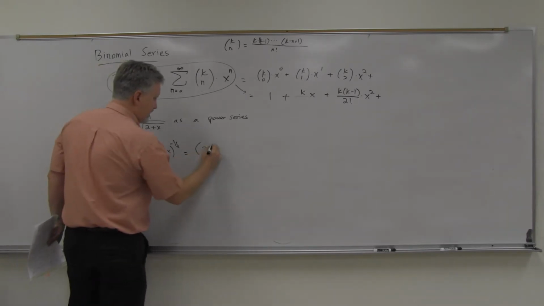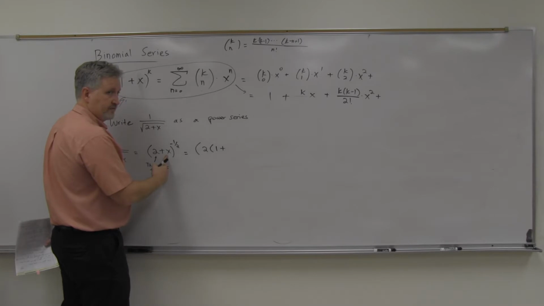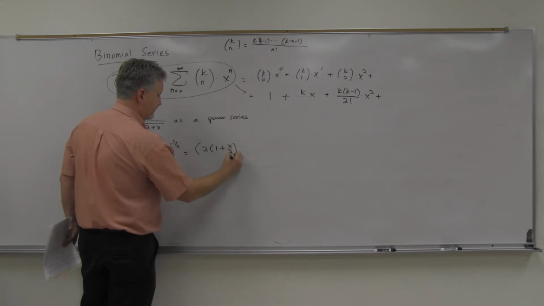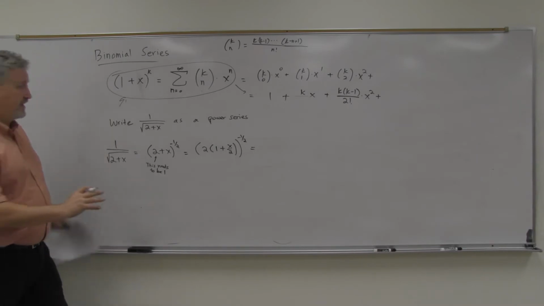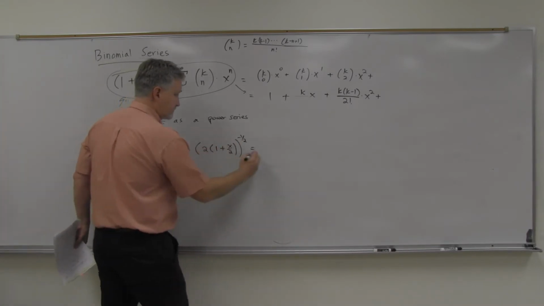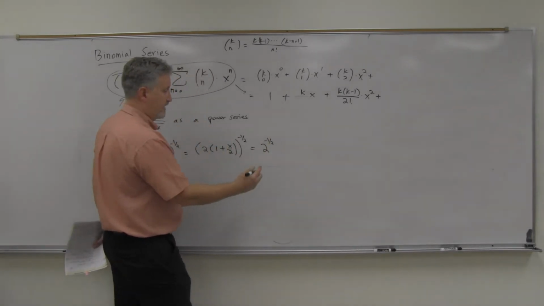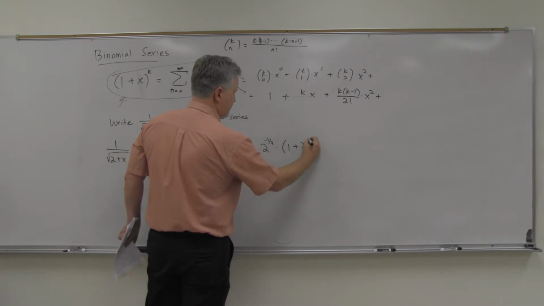So if I factor off a 2 there, that makes it a 1. What does it make this? X over 2. Yeah, dividing by 2, so it makes it x over 2. All right, so now we're in pretty good shape. It's just that now we have this 2 to the negative 1/2, or 1 over the square root of 2, if you want to write it that way, times 1 plus x over 2 to the negative 1/2.